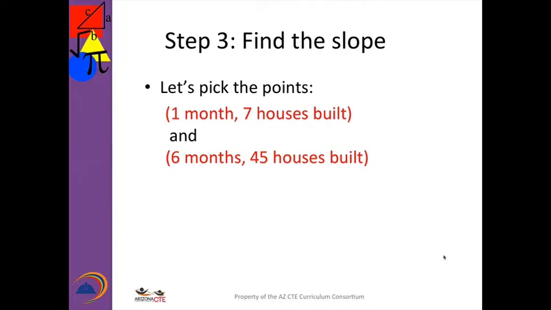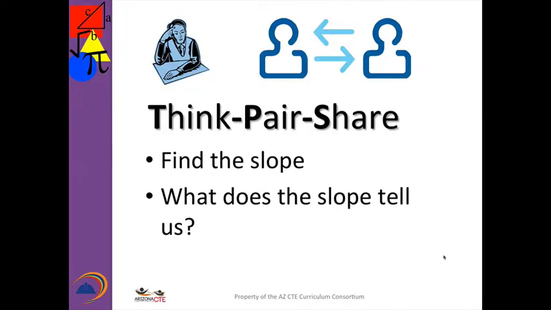You could pick any of the points, but I wanted 2 that were on the line. And also please remember to put the labels with it, because it'll help to build the meaning of your particular slope. All right. Now, find the slope and find what it tells us about the scatter plot.